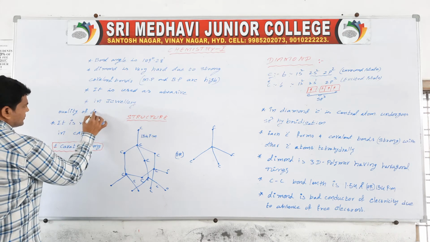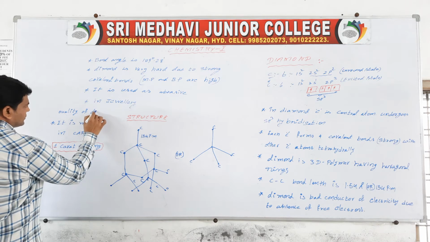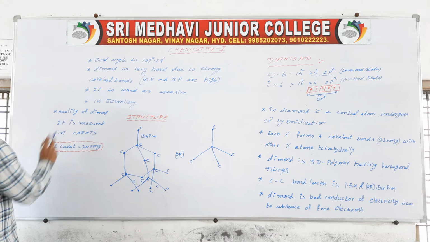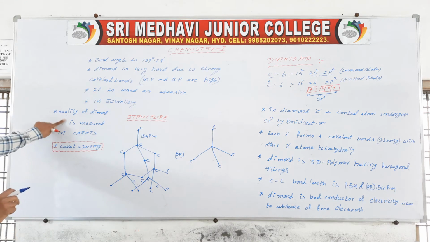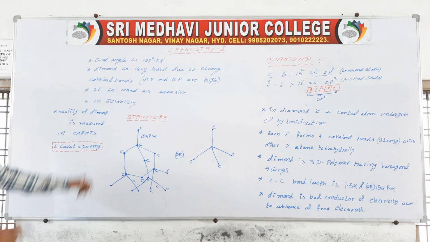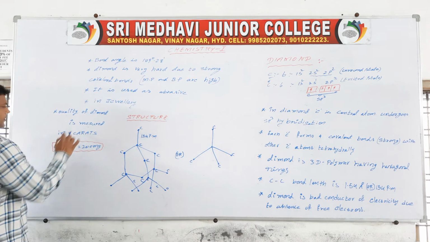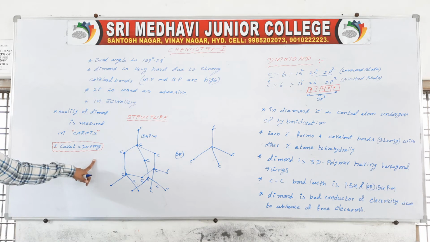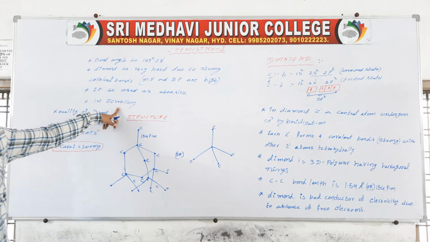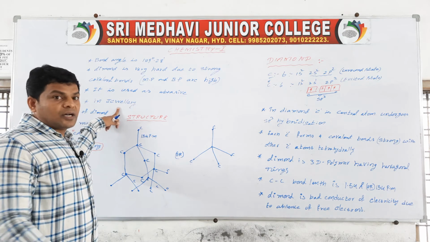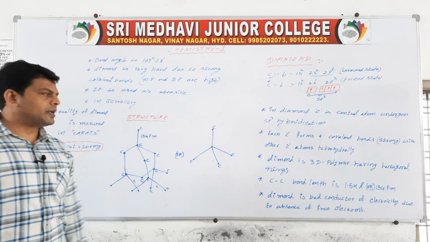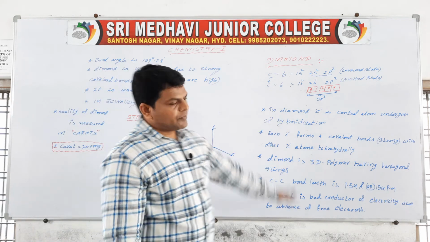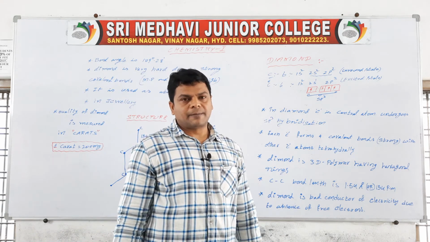The quality of diamond is measured in carats. So 1 carat equal to 200 milligrams. So that's why it is a very noble, costly material. So it is used in jewelry. So this is the structure and this is the description of a diamond.